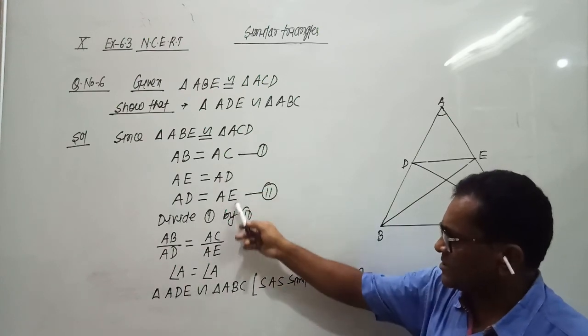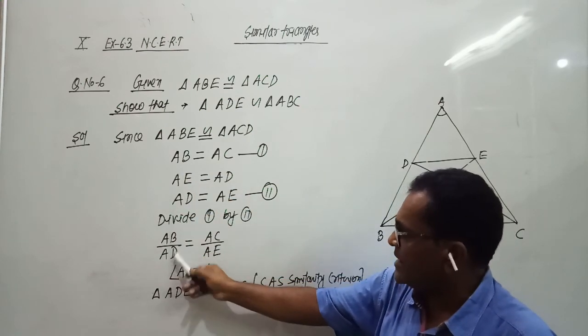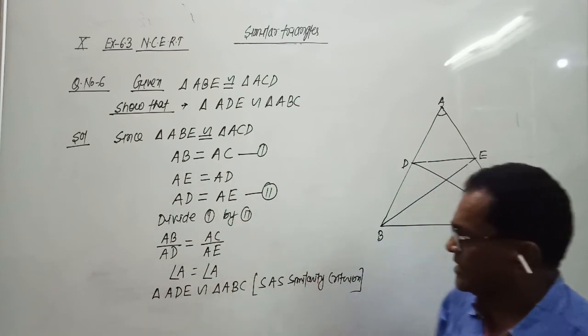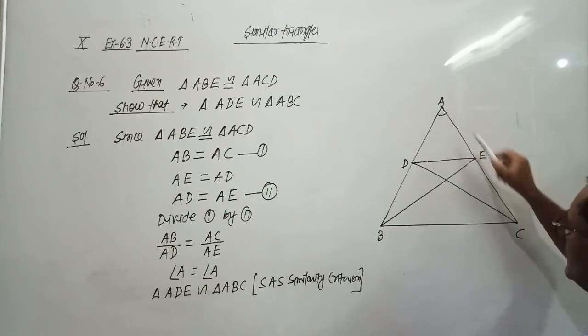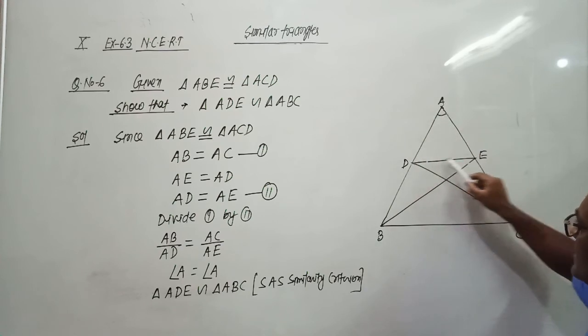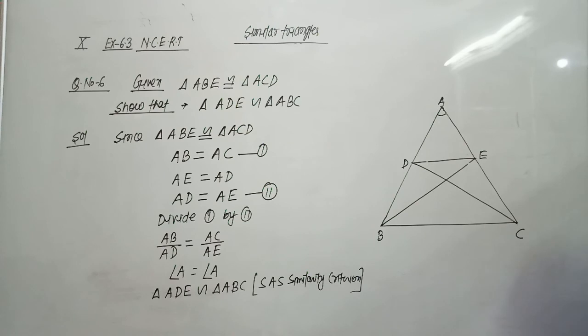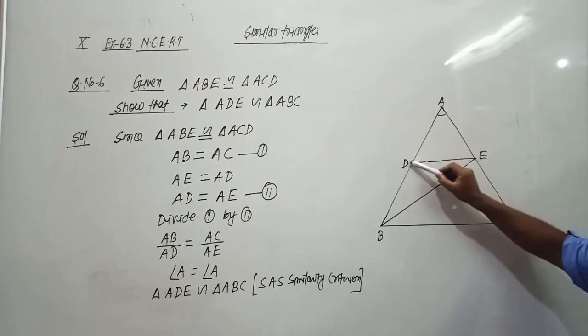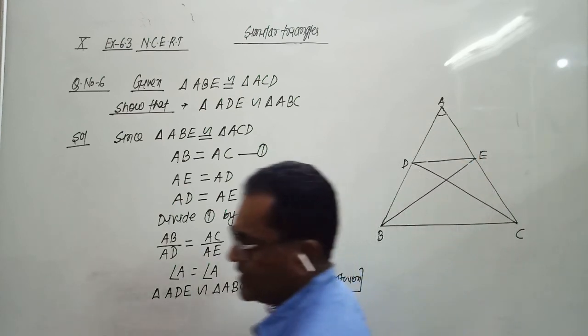Now divide first by second, so AB by AD equals AC by AE, and angle A is common for triangle ADE as well as triangle ABC. This means by SAS similarity criterion, triangle ADE is similar to triangle ABC.